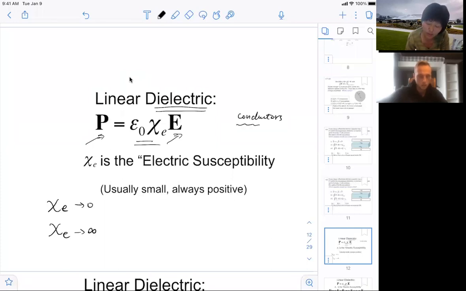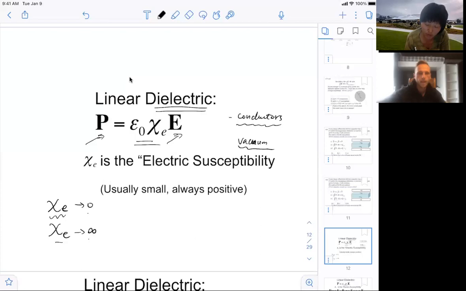For something like a conductor, what do you think the susceptibility constant will be? Is it close to zero, or is it more like infinity? Or if you're talking about material that is really hard to polarize, like vacuum, what do you think the constant has to be?